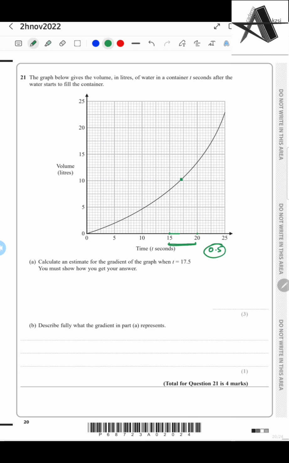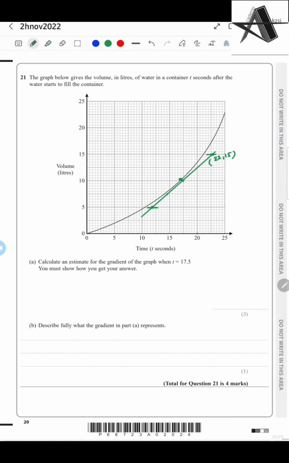T is 17.5. To calculate the gradient at a particular point, you have to draw a tangent. It's not that perfect, but it's fine. Then we just need to calculate two different points. Let me take this point and this point. This point is approximately 22, 15, and this point is approximately 12, 5. You can pick any two points, but these two seem very convenient to me.